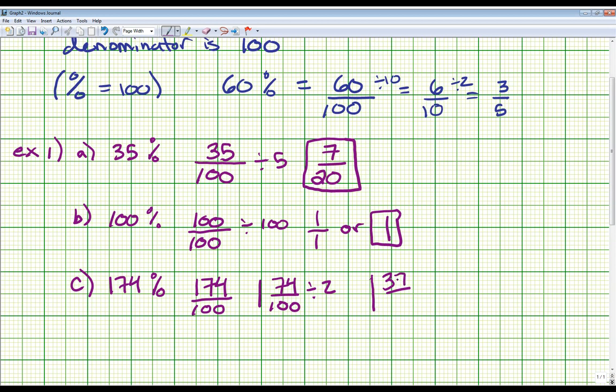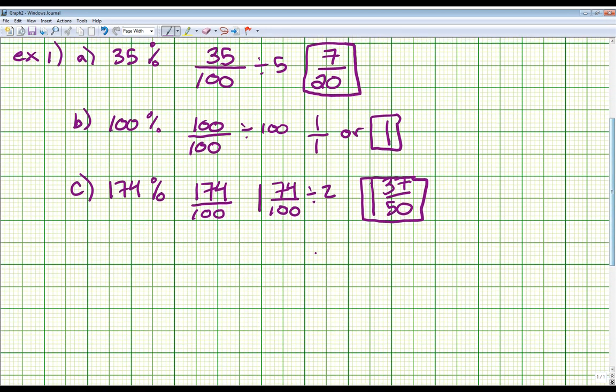So we end up with 37. 37 is half of 74. And then 100 divided by 2 would be 50. Now that we have 1 and 37 over 50, we are done because there is nothing that can go into 37 that can also go into 50. So 174% as a mixed number in simplest form would be 1 and 37 fiftieths.